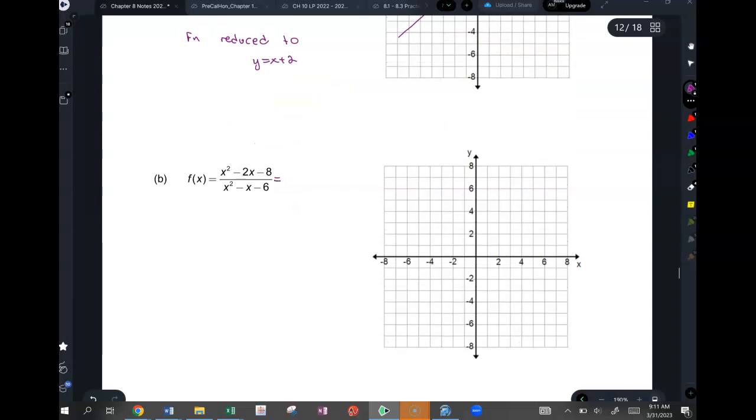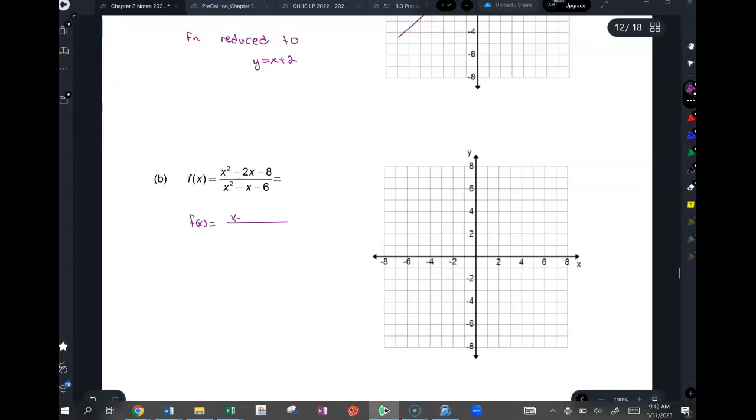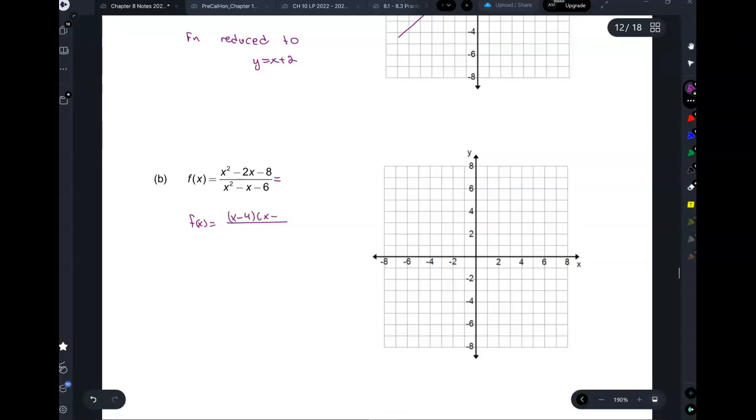Let's take a look at this one. Okay, so take a look at what happens here. X plus 2's cancel.